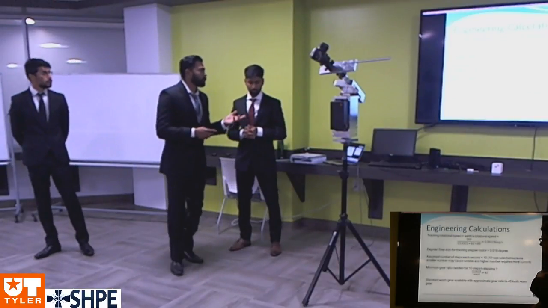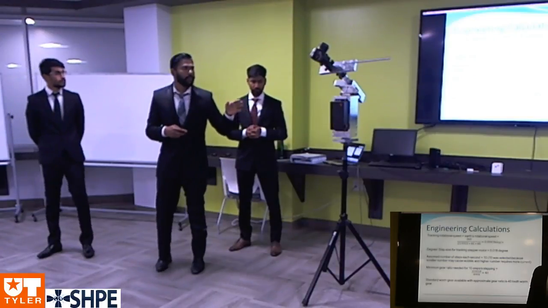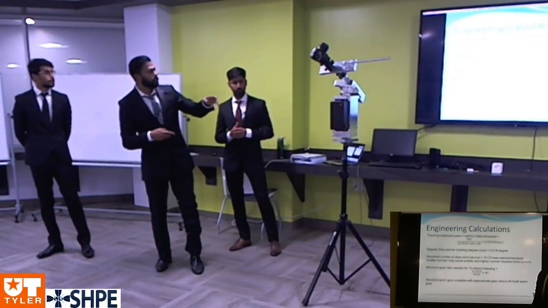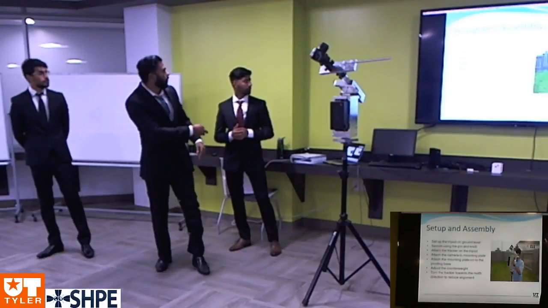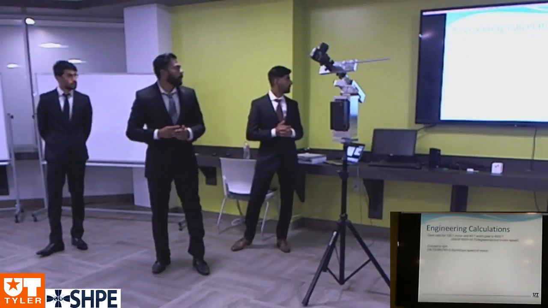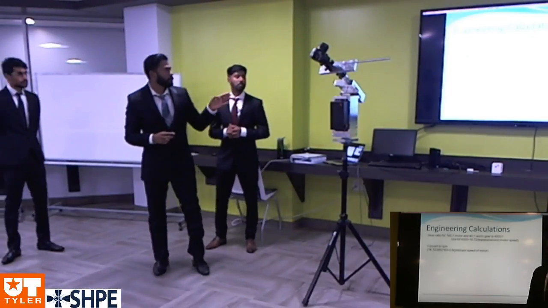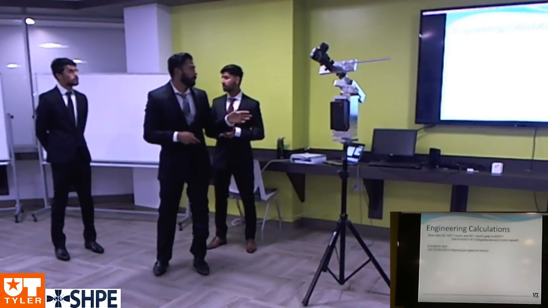The tooth worm we chose was 40, and we could program it in a way that matches the motor. Using those ratios, we calculated our motor speed, and it's 2.8 RPM.